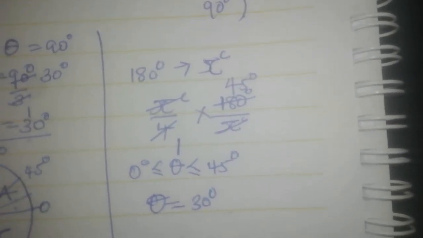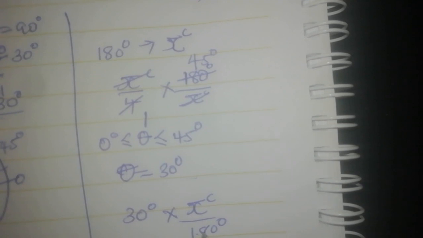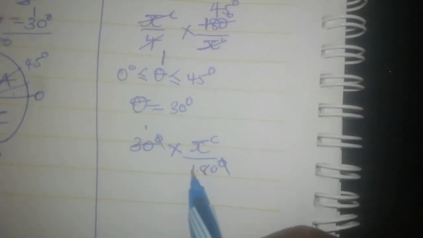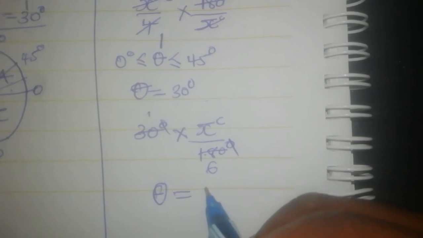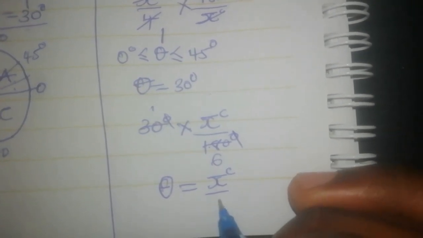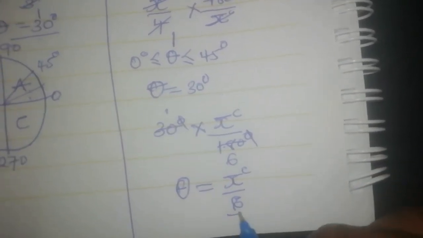So we are going to convert this back. We take 30 degrees and multiply by the reciprocal, π radians over 180 degrees, such that the degrees cancel. Then we divide 30 against 180, how many times? 6 times. So your value of theta is π radians over 6. That is your final answer.